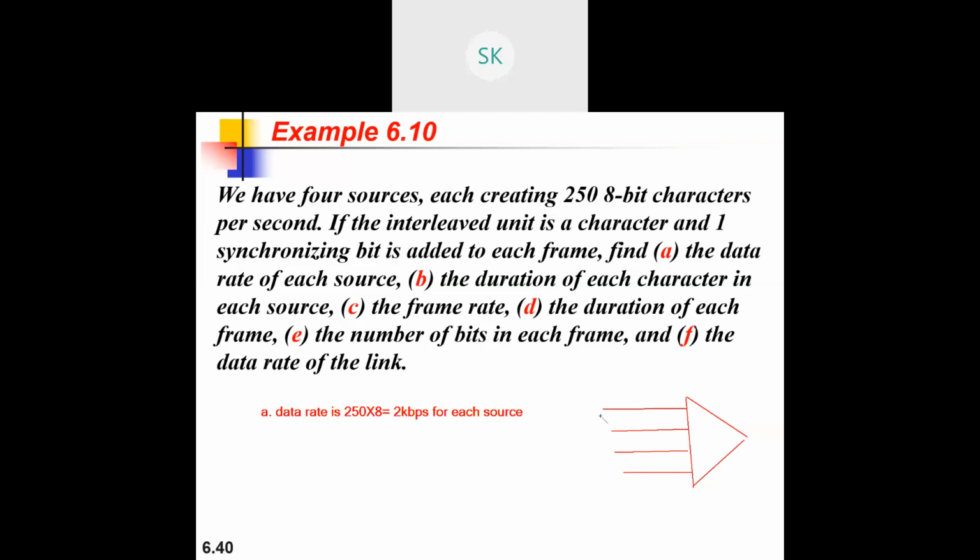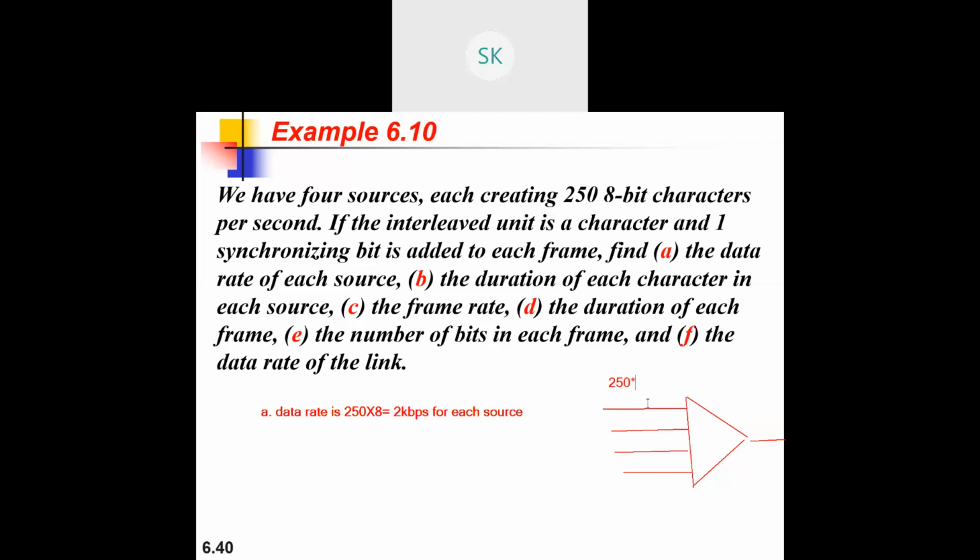The next one is the duration of each frame, how much time it is taking. So that one I need to calculate. After that, you have 2 more questions. The number of bits in each frame. How many bits can travel in each frame? That is what they have asked. Along with this, the data rate of the link. So one by one, we'll try to find it out.